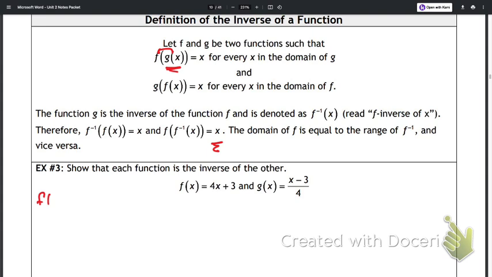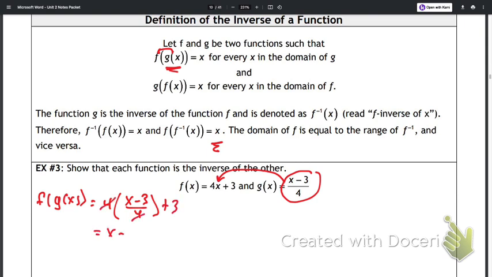So we need to do f of g of x. So that means I'm plugging this g function right here into the x on the f function. So that will be 4 times (x minus 3) over 4, plus 3. When I multiply this out, the 4's will cancel, and I'm left with x minus 3 plus 3. And then the -3 and the 3 cancel, and so I'm left with x.